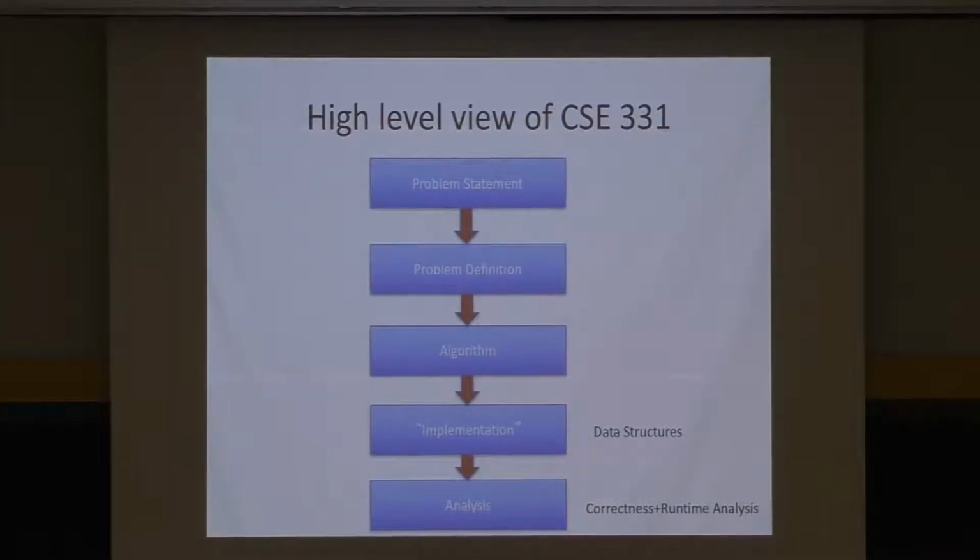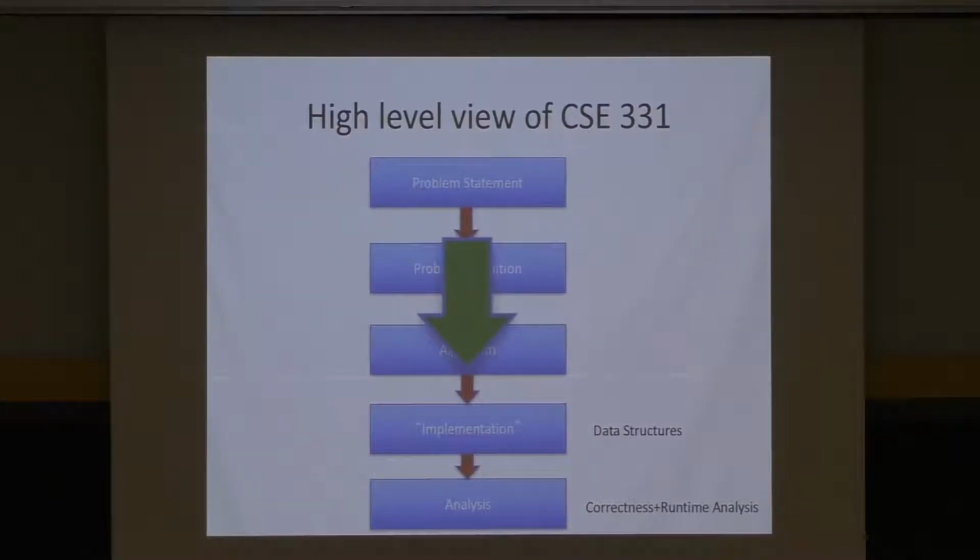All right, so we are now getting to the last leg of the course. So we have been doing this flow chart: start off with problem statement, formulate the mathematical problem, design algorithms, design data structures, and then analyze the correctness or runtime of the algorithms. And the focus of the course pretty much from the midterm on was on looking at various techniques to design algorithms.